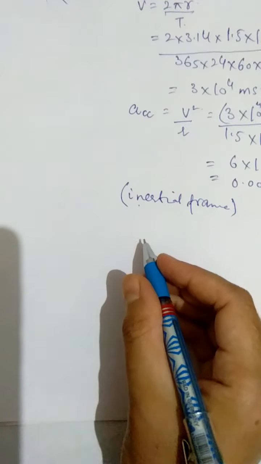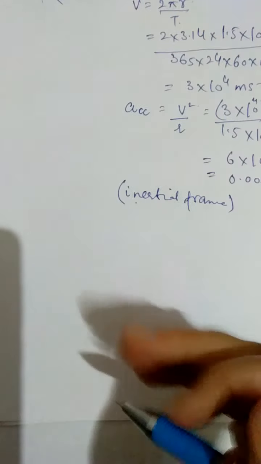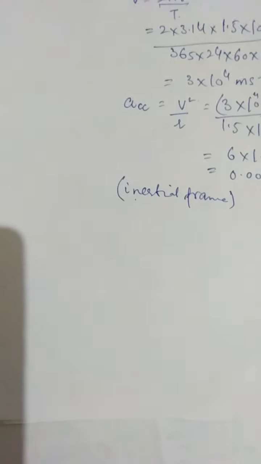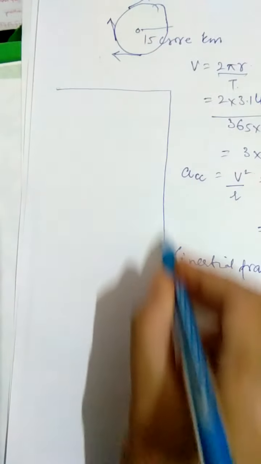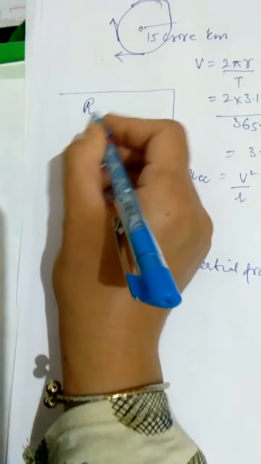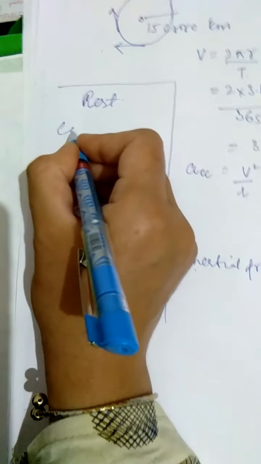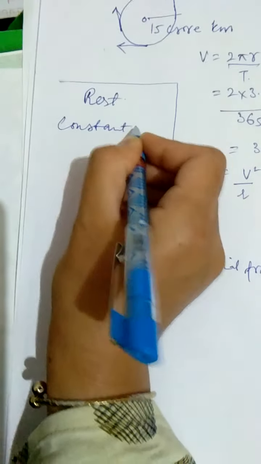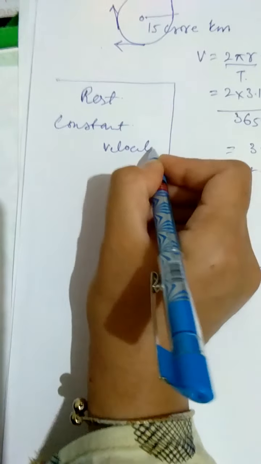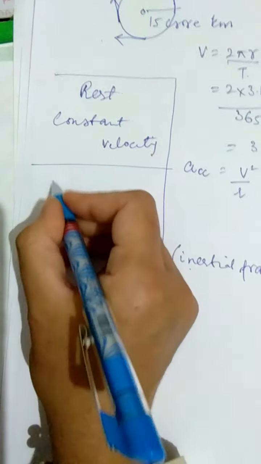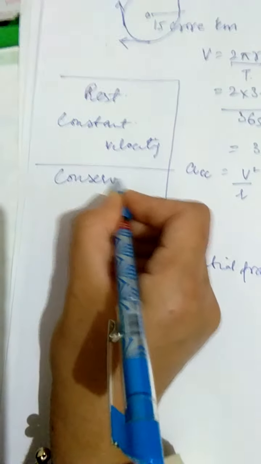In today's video, we'll try to finish the inertial frames, and in the subsequent video, we'll talk about the non-inertial frames. Now, as I told you, inertial frames can either be at rest or they can be moving with a constant velocity. The first important thing is that we have to conserve physics.